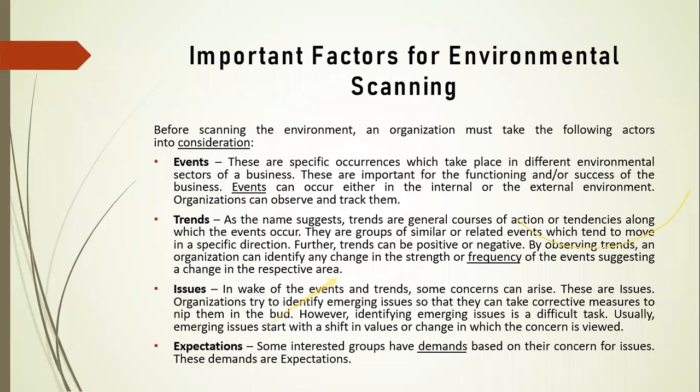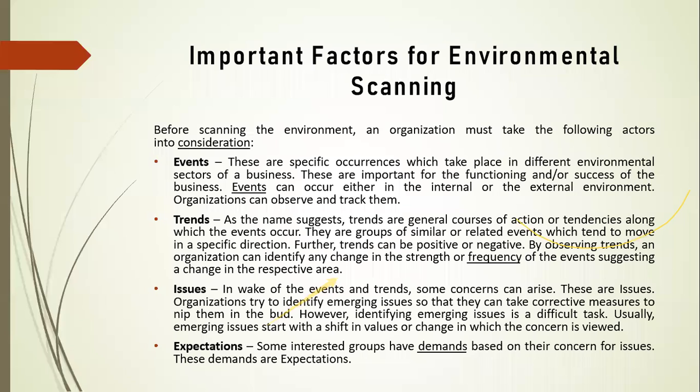Similarly, there is something called trends. As the very name suggests, trends are general courses of action or tendencies along which the events occur. They are a group of similar or related events which tend to move in a specific direction. Further, trends can be either positive or negative.